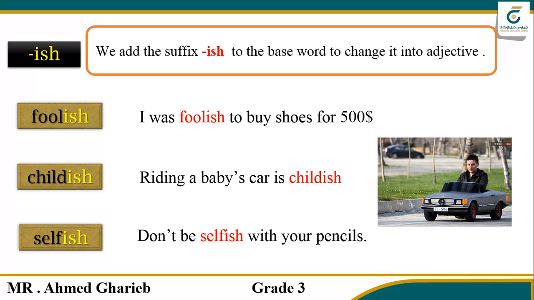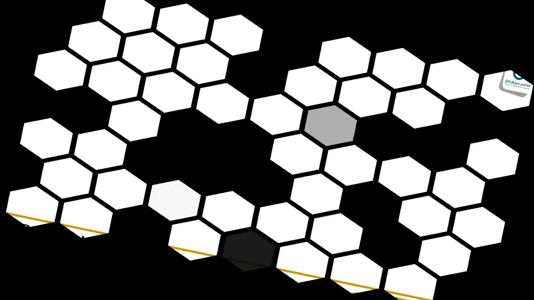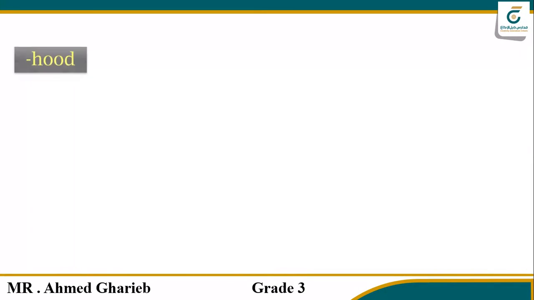If some of your classmates don't have a pencil, what do you do? You should give them one. And not to be selfish, not to be just caring for yourself and refuse to give them any pencils, okay? Let's have another suffix. The third one is hood.